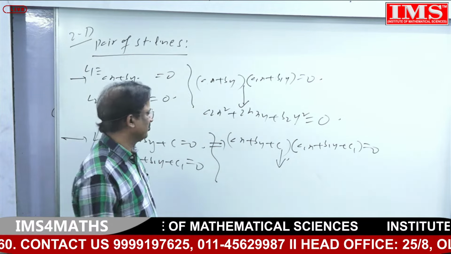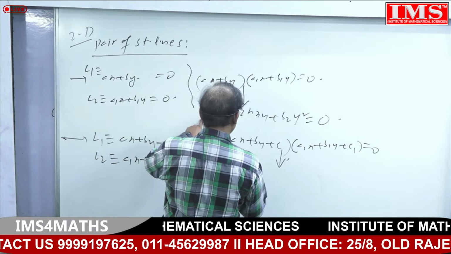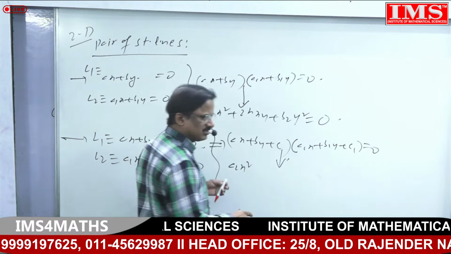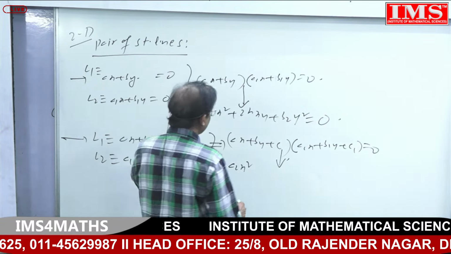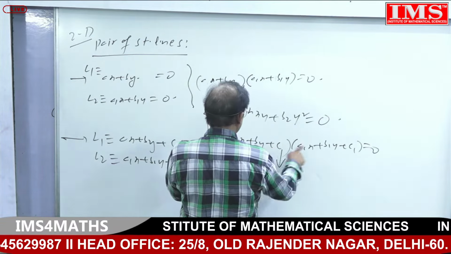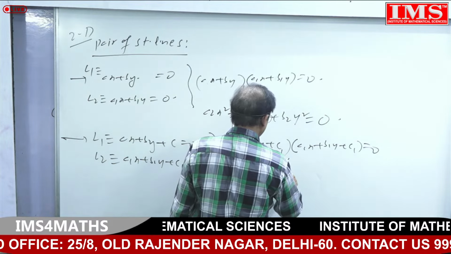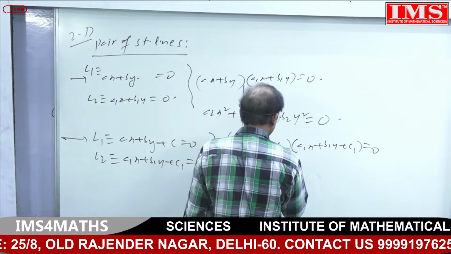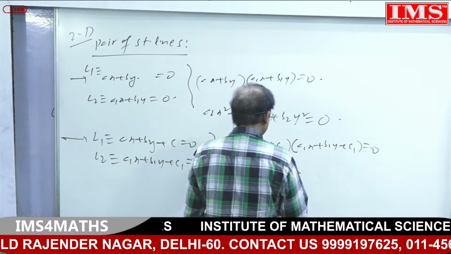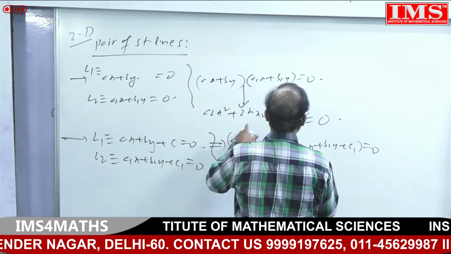You can have an ax square term, you can have the hxy term, I will write 2hxy. Another, you would like to write b y square.